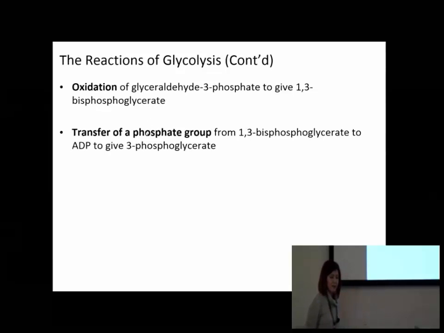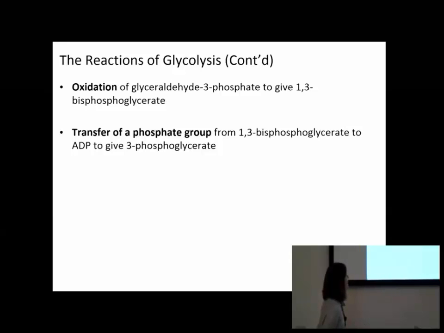Then that inorganic phosphate, because it's on what I call an angry molecule, and I'll talk about that later, it's very strained. It has something called a high energy of phosphate transfer potential. And we'll talk about that a little later, but for now we'll call them angry. They're strained. This one, the 1,3-bisphosphoglycerate, is going to give up one of the phosphates so that it's not so strained.